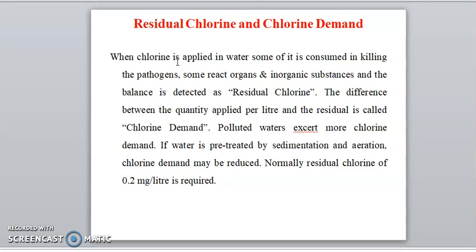The difference between the quantity applied per liter and the residual is the chlorine demand. Polluted water exerts more chlorine demand. With water treatment such as sedimentation and aeration, chlorine demand may be reduced. Normally, residual chlorine of 0.2 mg per liter is required. Very important, residual chlorine.